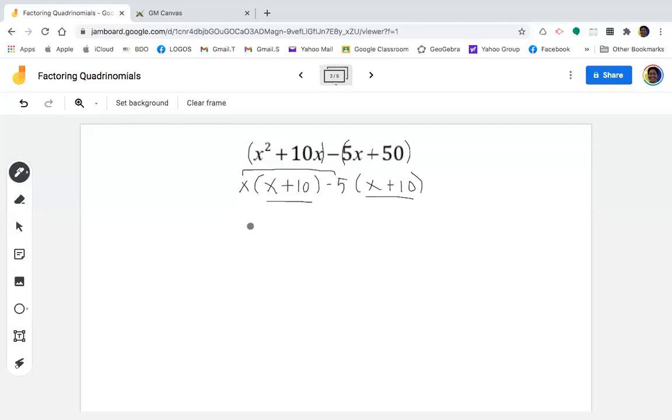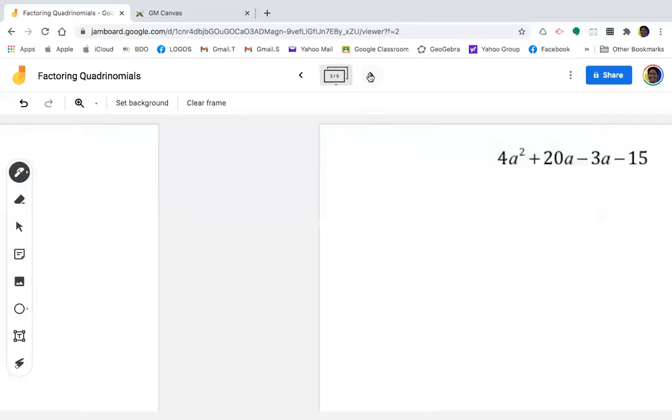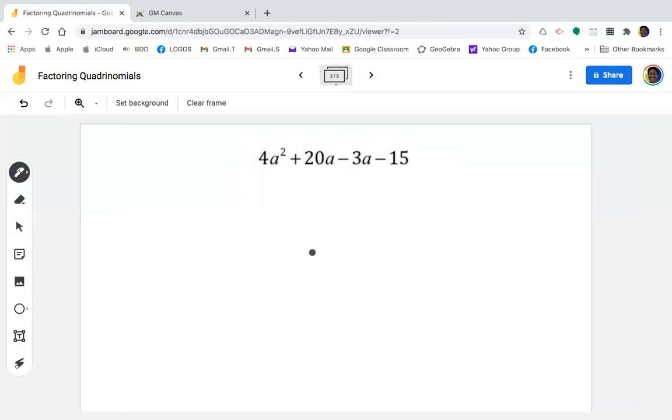So that becomes x minus 5. And the partner is the common binomial, which is x plus 10. All right, so these are the factors of the original quadrinomial. Now let's discuss the last example.